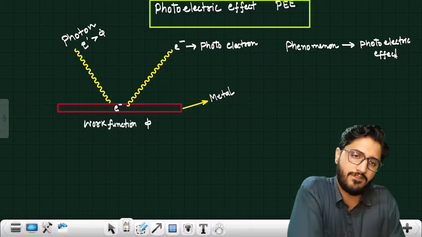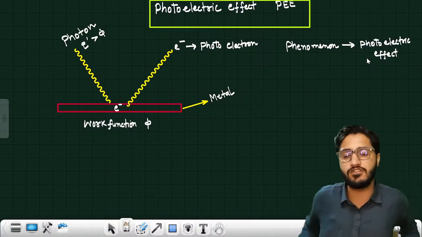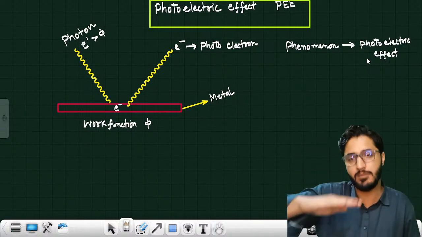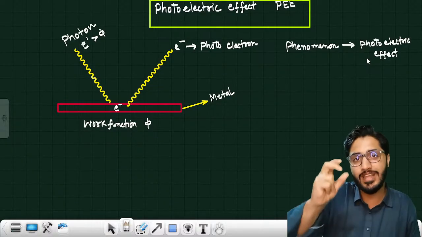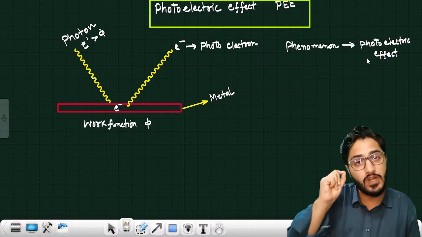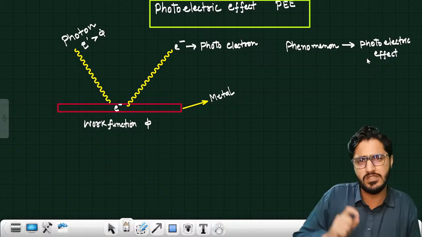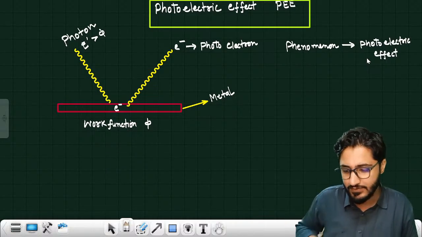That means if a light which is having energy more than the work function falls on any metallic surface, electrons get out from that metal surface. The whole process is known as photoelectric effect, and the electrons which are getting out from the surface are known as photoelectrons.